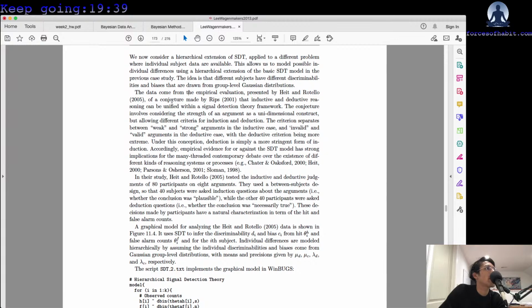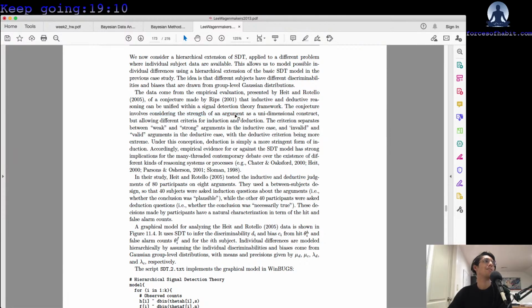Okay, the data come from the empirical evaluations of a conjecture made by Rips, inductive and deductive. So this person suggested that maybe inductive and deductive reasoning can be understood as a unidimension of signal and noise discriminability, or in a signal detection theory framework. So the strength of an argument.